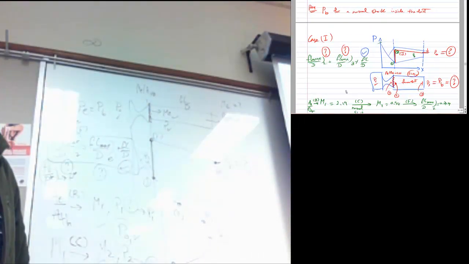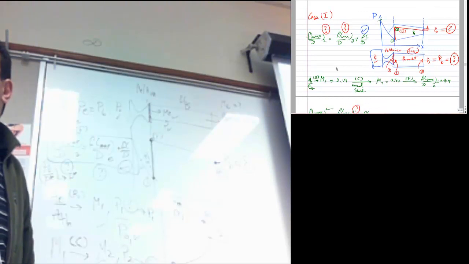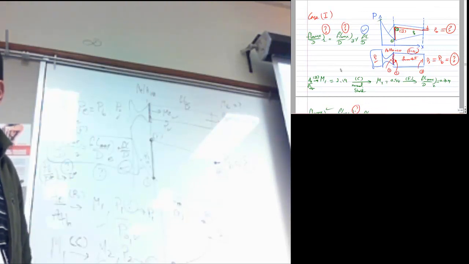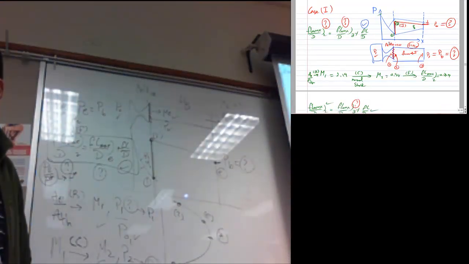Okay, so let's look at the solution. So this is what he did. He wrote the equation. He called them 1, 2, and 3. That's fine. He said, I don't know those two guys, so I need to get one of them. So he goes to the nozzle, gets M1, solves the normal shock table like what Kenny said, gets M2 from the normal shock, and from M2 now he can get this length.